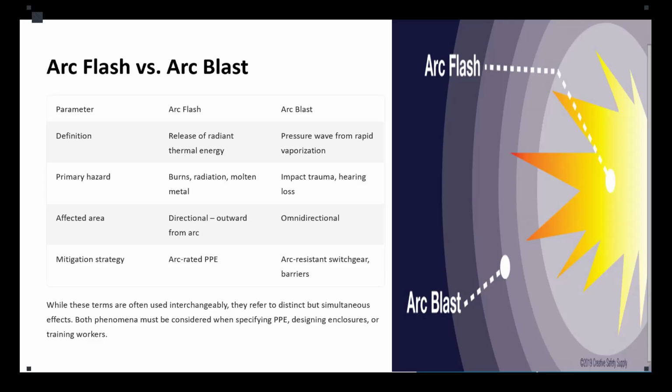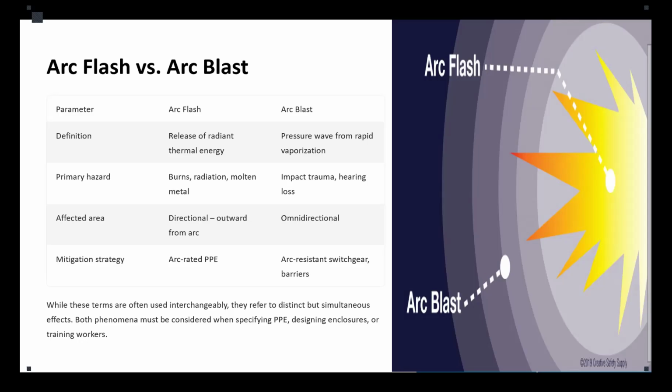Okay, so we have several mitigation strategies for arc blast. One is arc-resistant switchgear that basically channels pressure upward, so it guides the blast to a safe direction.